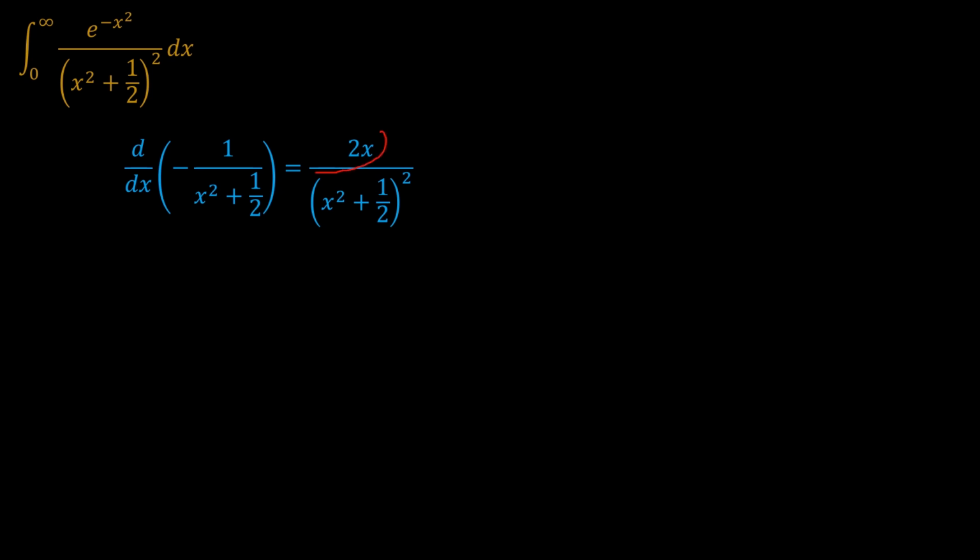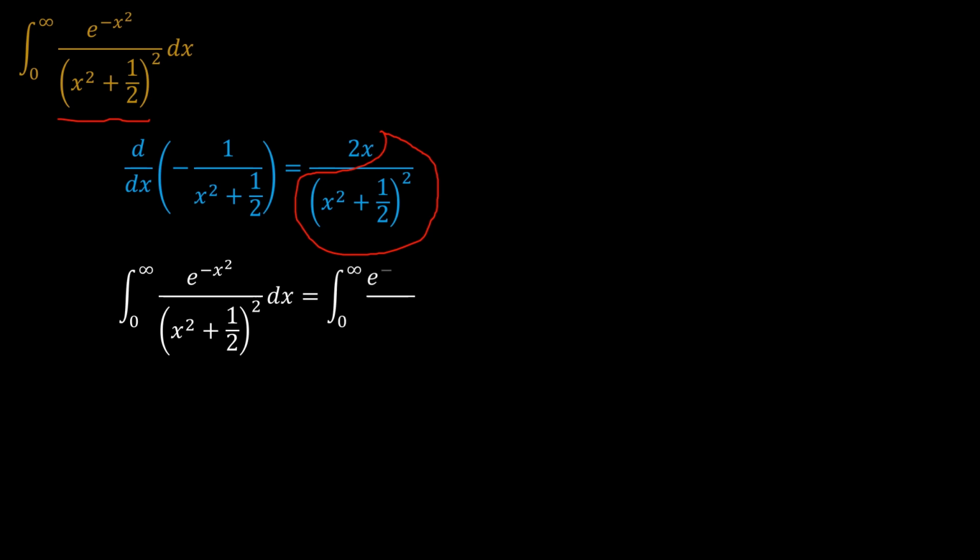So this part here is very similar to the denominator here. So our problem here can be expressed as the integral from x equals 0 to x tending to infinity of e to the power x squared over 2x. Now this 2x is supposed to cancel this 2x times the derivative of negative 1 over x squared plus 1.